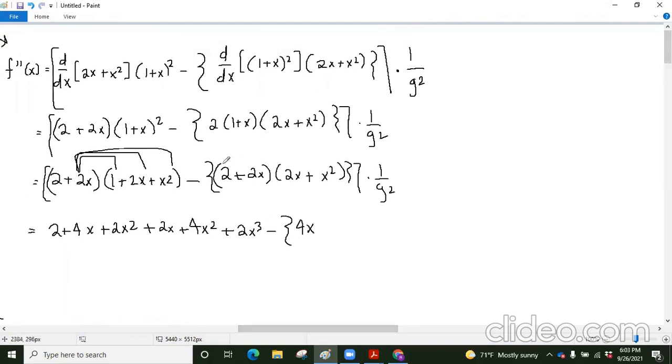That's 4x plus 2x squared, 4x plus 2x squared, plus 4x squared, and then plus 2x cubed.